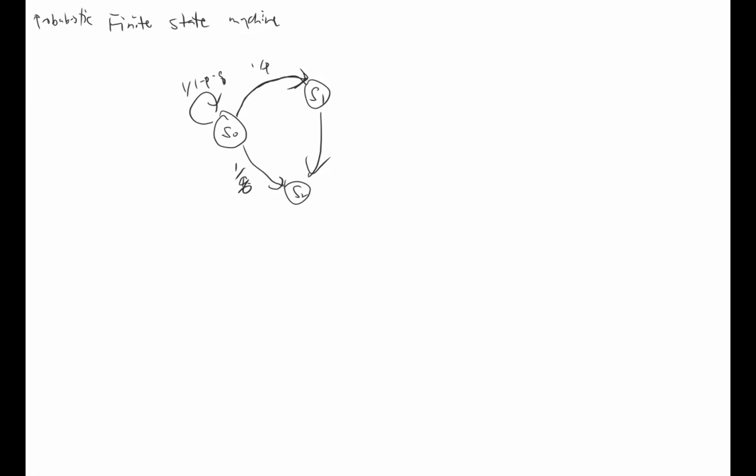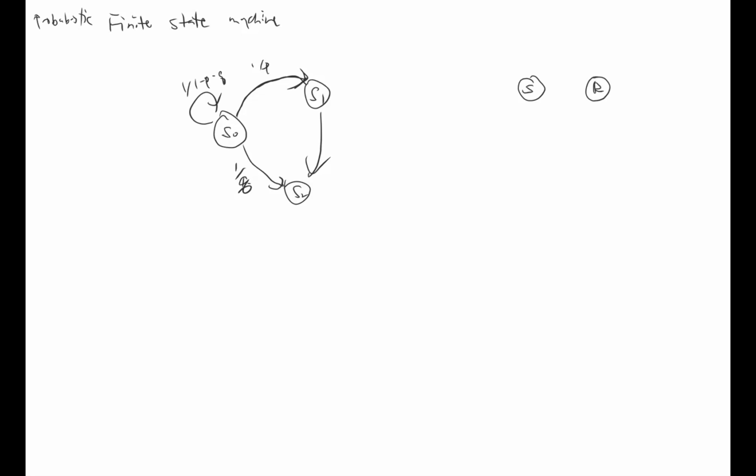Now, going back to our homework problem, we also have this kind of probabilistic finite state machine. We basically only have 2 states: the state is sunny or rainy for a given day.